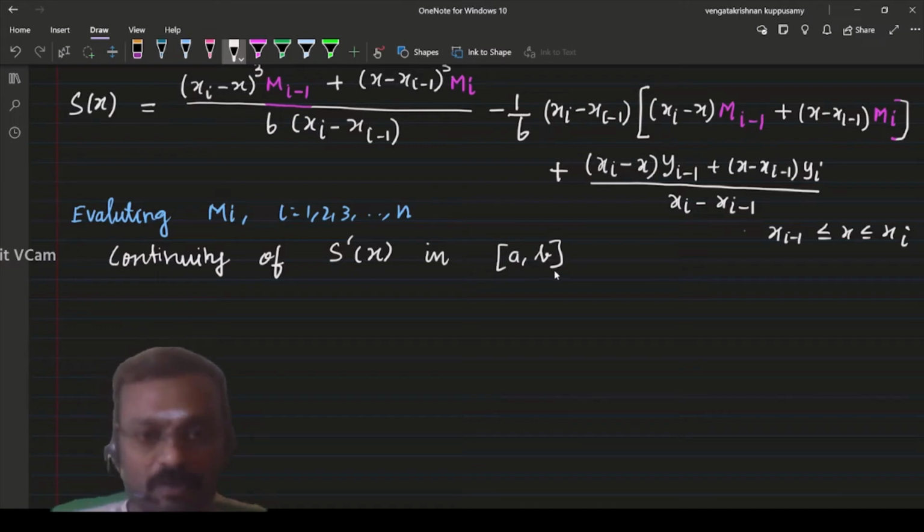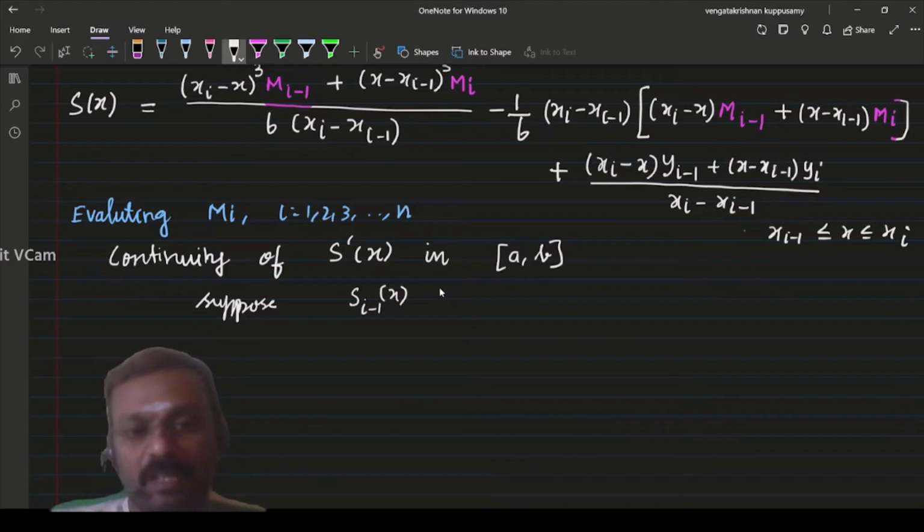Those n minus 1 subintervals, and in those subintervals, our s dash of x... Suppose s_{i-1}(x) is the piecewise interpolating formula for every x in [x_{i-1}, x_i].